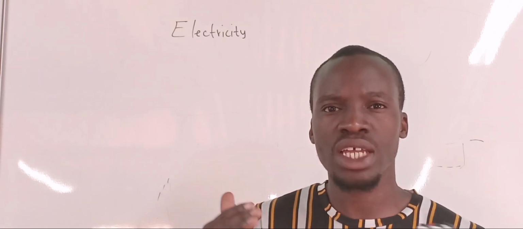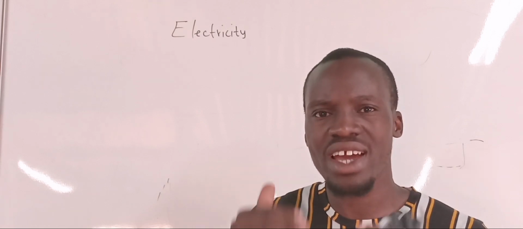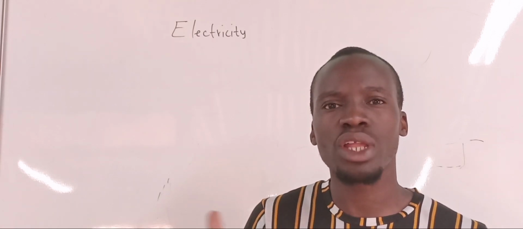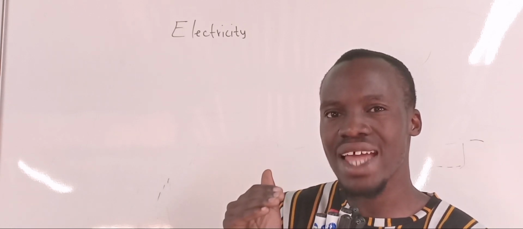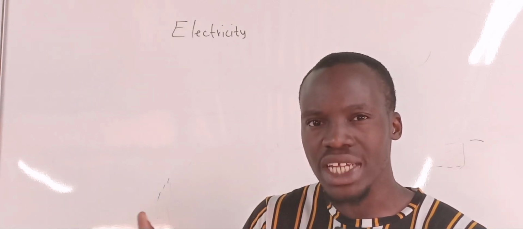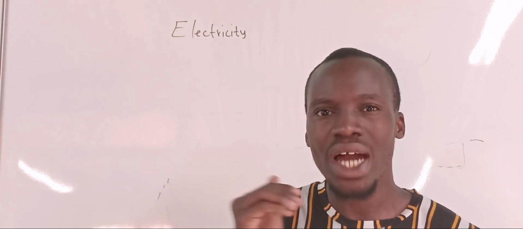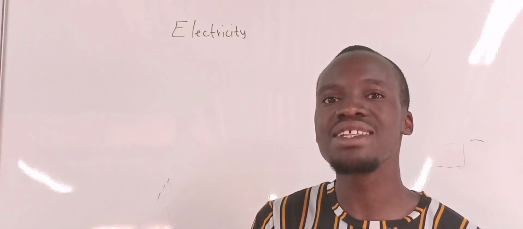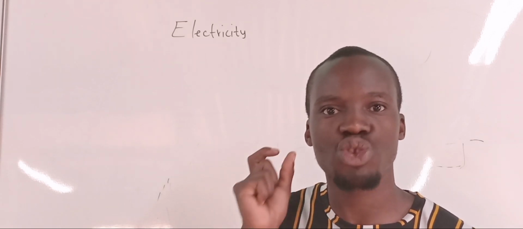Remember from Newton's laws in grade 11, when we talk about a stationary object, we are talking about an object that doesn't have motion or movement. So when we talk about the word static in electrostatics, we are talking about something that is not moving. So electrostatics means charges that are not moving.